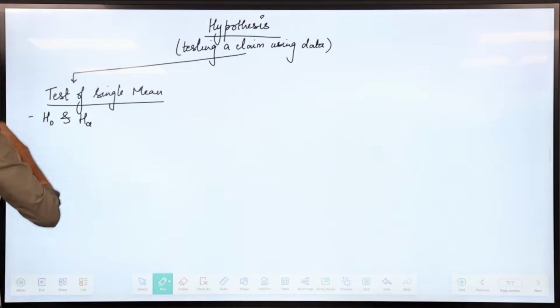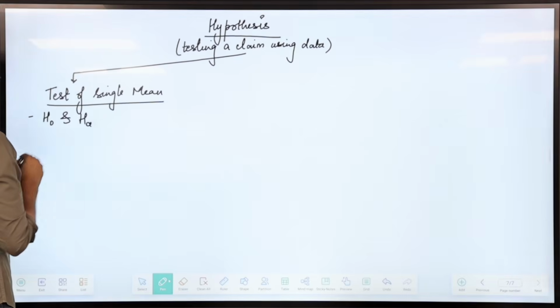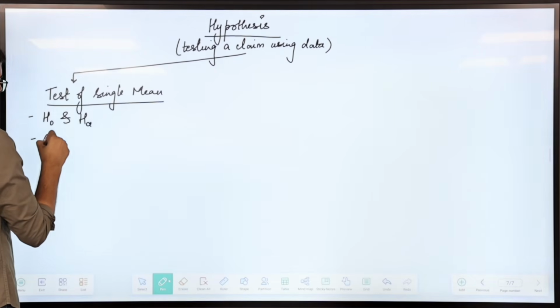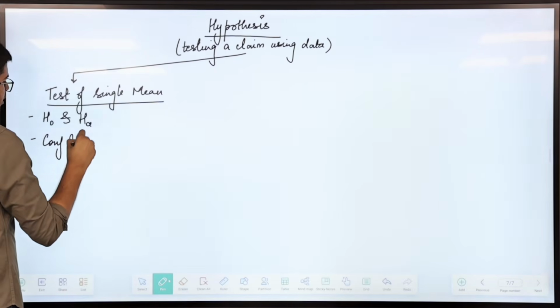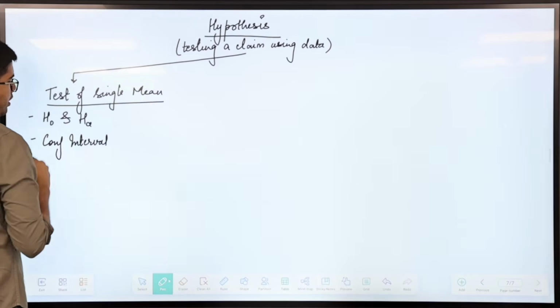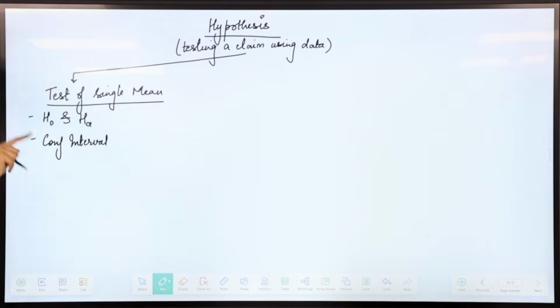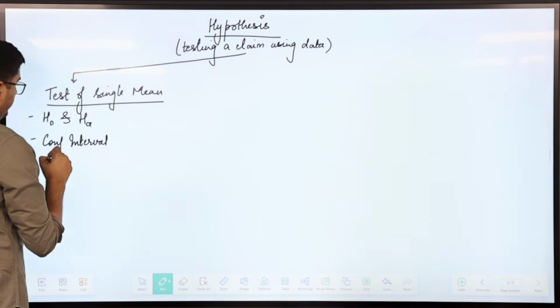Now, apart from knowing null and alternate, you can test it using confidence interval. Confidence interval would be constructed in the same manner as the formulas we've written. How do you decide?